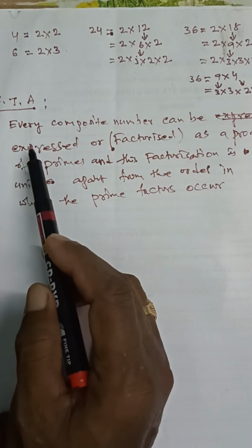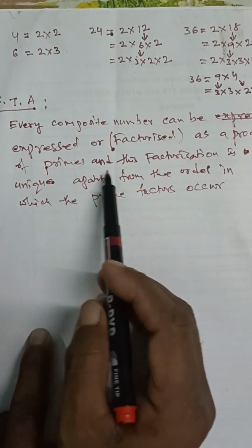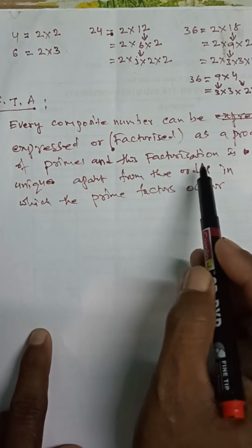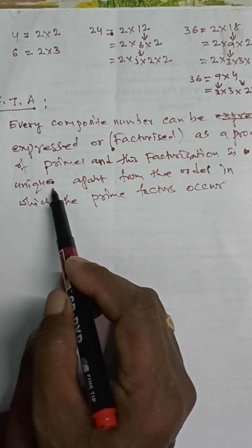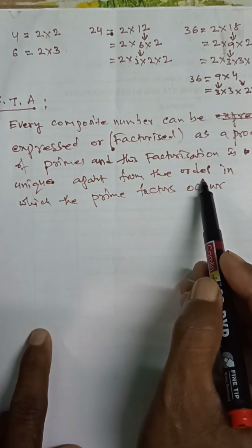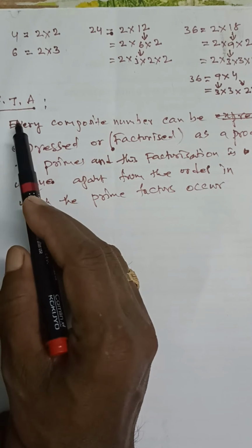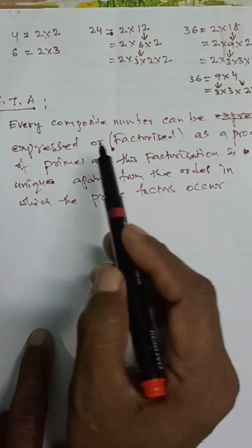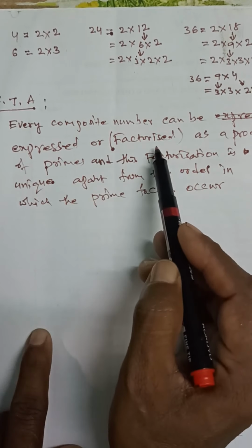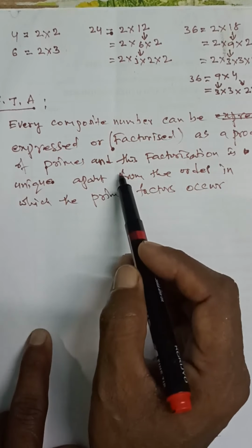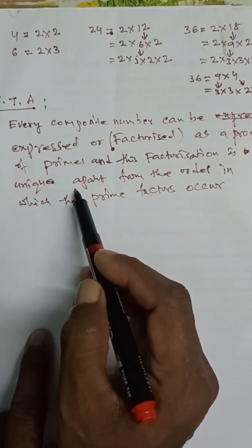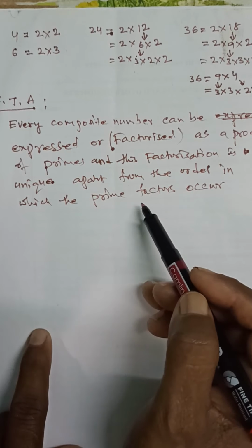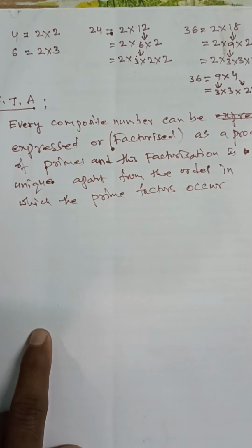That's why the fundamental theorem says that this factorization is unique apart from the order. So the Fundamental Theorem of Arithmetic says that every composite number can be expressed or factorized as a product of primes, and this factorization is unique apart from the order in which the prime factors occur.